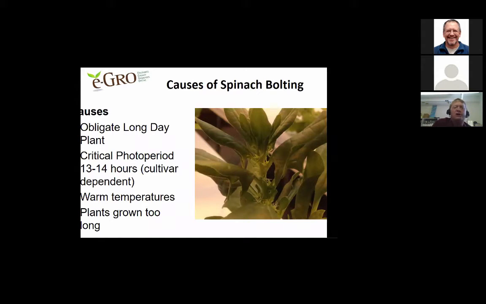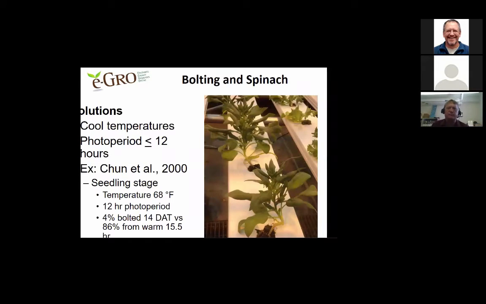So if one is growing more of a baby leaf crop and doing a quick turn, the critical photoperiod is not going to be as important. But if we have that compounding effect of warm temperatures, that long photoperiod, and then growing the plants for a longer period of time, they're going to bolt. And so solutions would be growing under cool temperatures, having a photoperiod less than 12 hours.